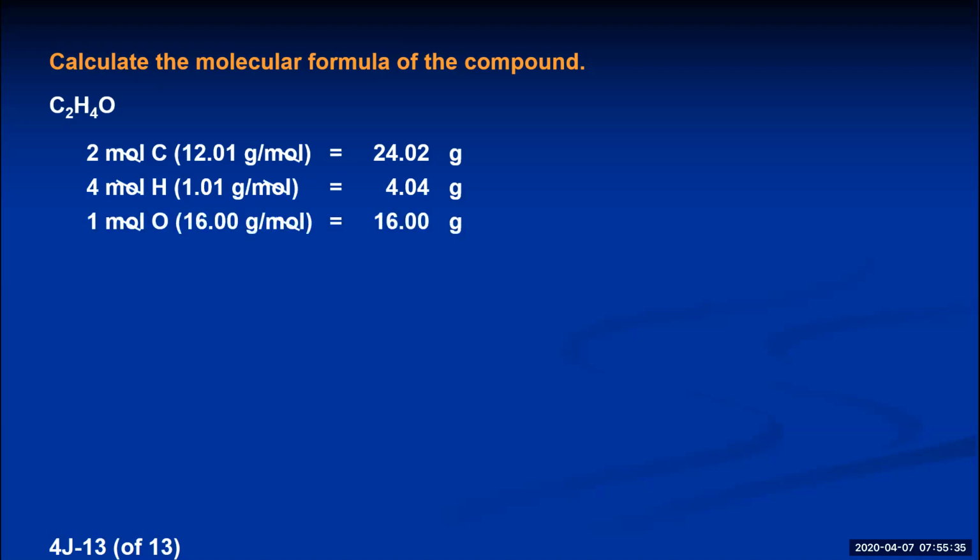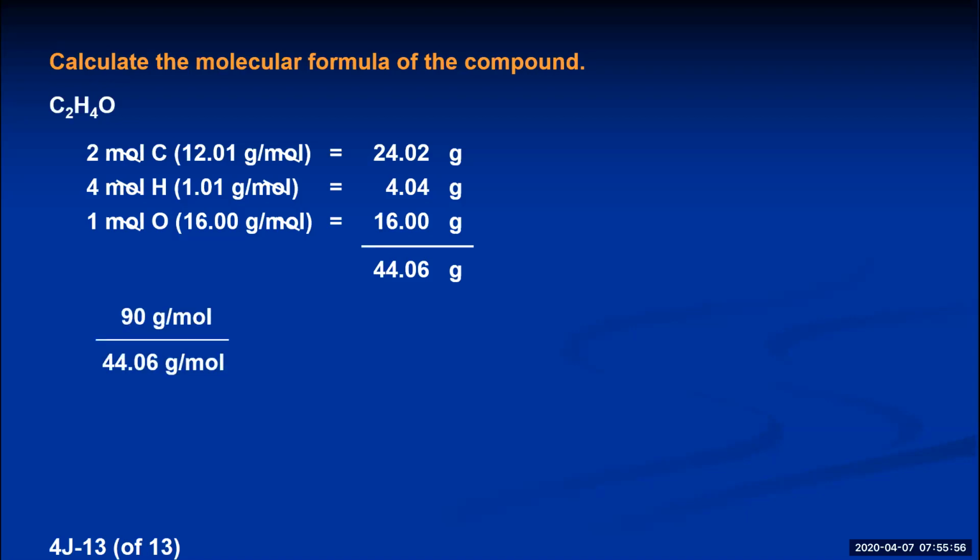So if you add that up, that's going to be the molar mass of your empirical formula, and that turns out to be 44.06 grams per mole. If the compound's actual molar mass was 90 grams per mole, you take 90 grams per mole and divide it by 44.06, and that number has to come out close to an integer.